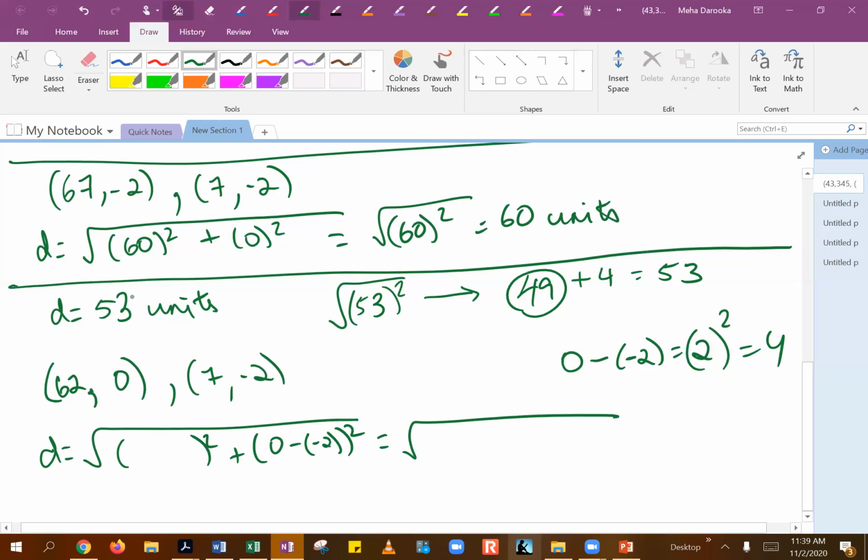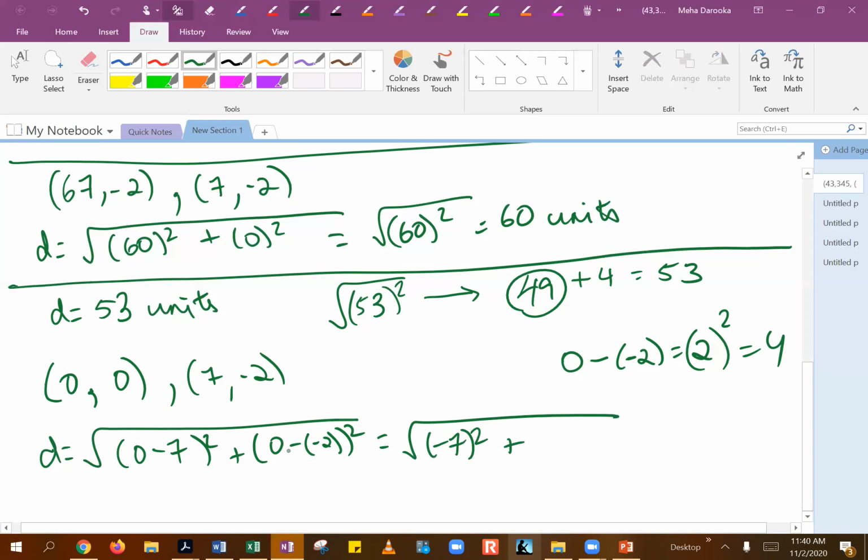And to get a total of 7... You know what? I can actually use the origin if this math will work out for us, because I could do 0 minus 7, which would give me negative 7 squared.